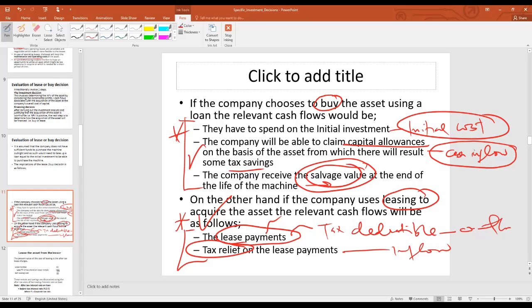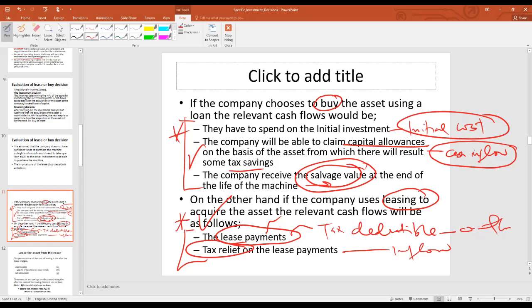So the main challenge you have to be careful of will be making a distinction between financing cash flow and investment cash flow. As I mentioned, for financing cash flow, try to make an observation: what cash flows will not be repeating if I decide to buy the asset?